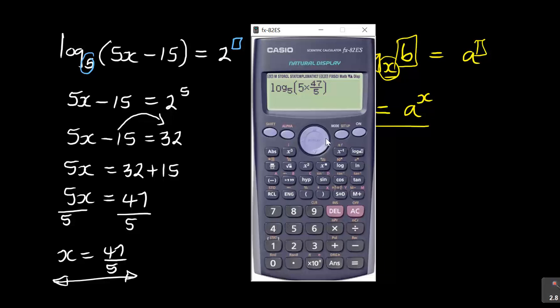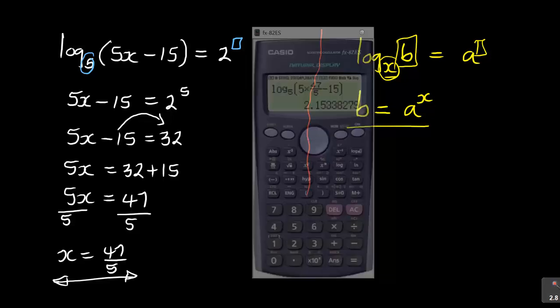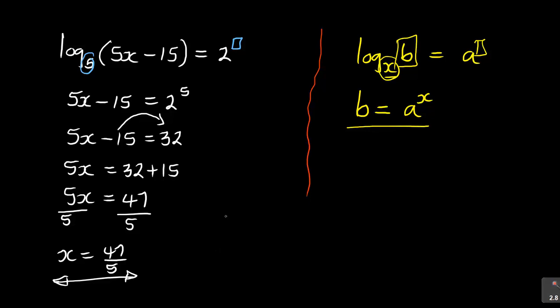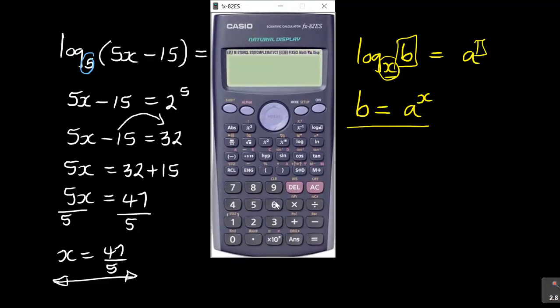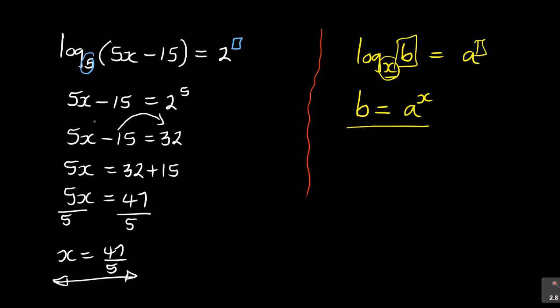Are you getting that? Minus 15, it must give me a 2, it's giving me 2.153. Let me just check again if I did this properly. I said 32 plus 15, which is 47. Let me actually work on this again.